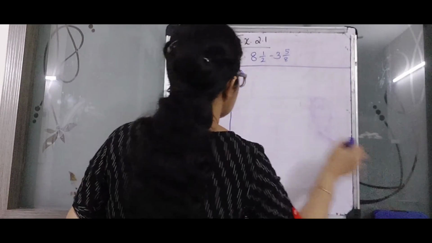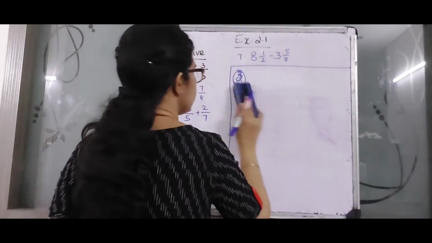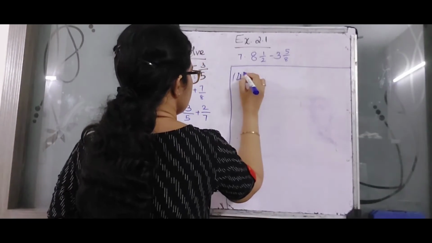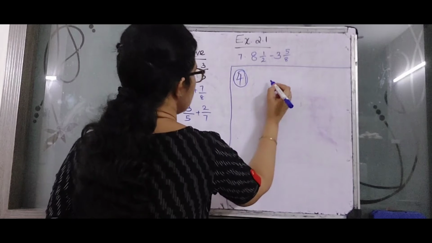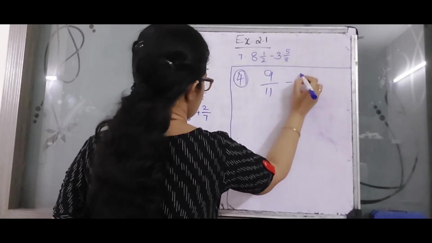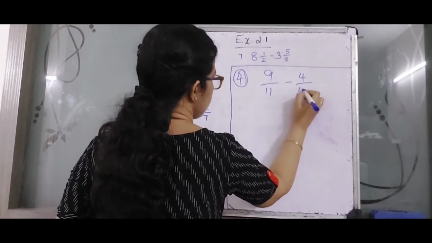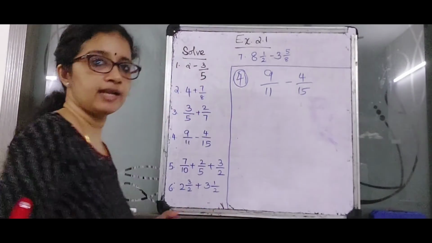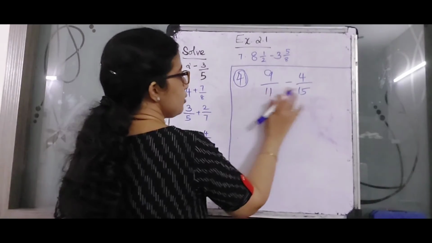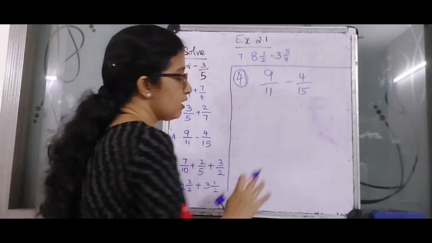Now the fourth question is 9 by 11 minus 4 by 15. Again, there are two fractions which they have given.